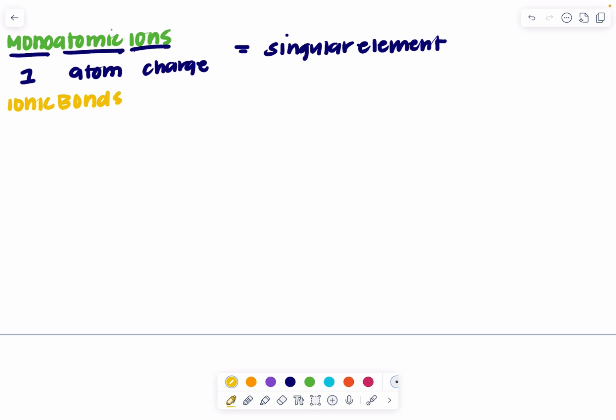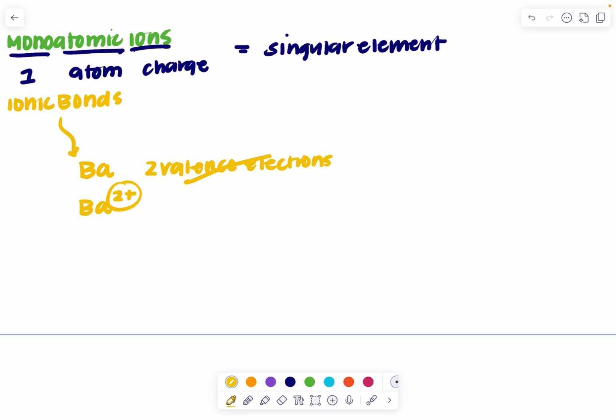Now, the whole point today is we're going to form what's called ionic bonds. Okay. So when an element, let's just use the element barium. Barium has 2 valence electrons. When we get rid of those electrons to give it a full shell, we have to now signify or write down that barium now has a +2 charge.